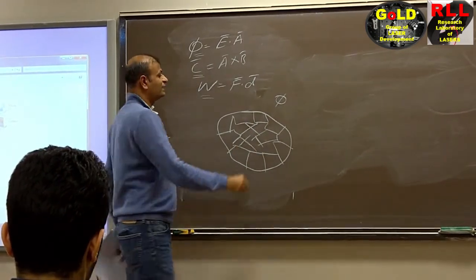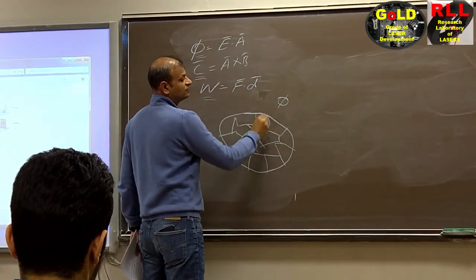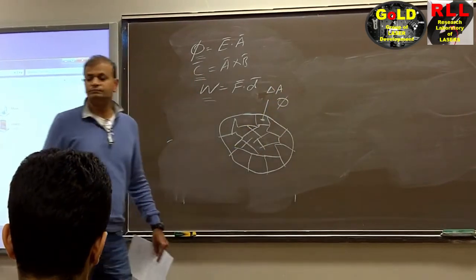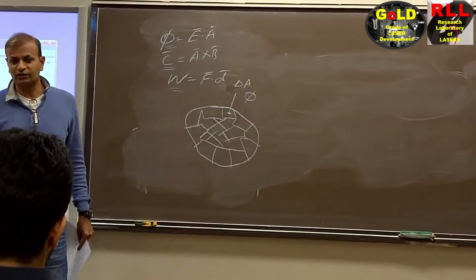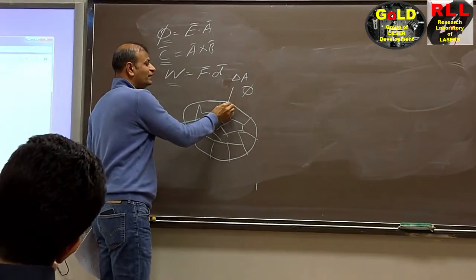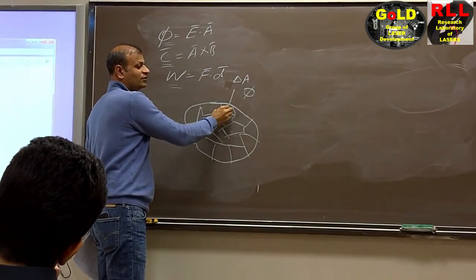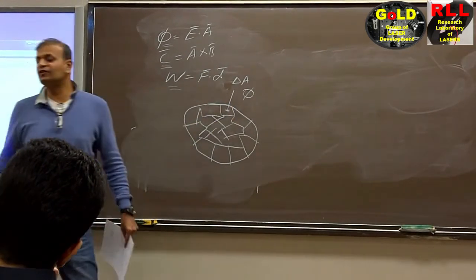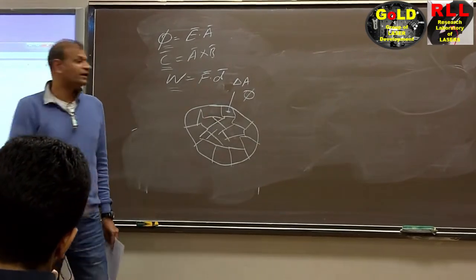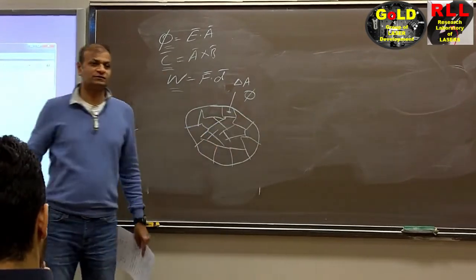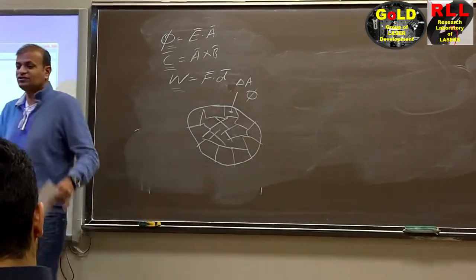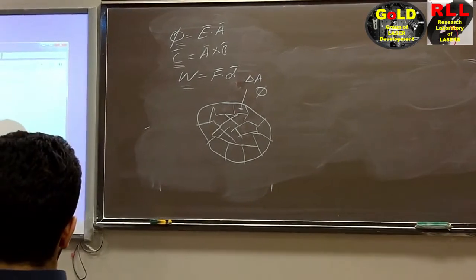The area of each patch we can say is delta A, a small area, not a big surface. We assume that the electric field is uniform for this one patch, though it's not uniform for the whole surface.